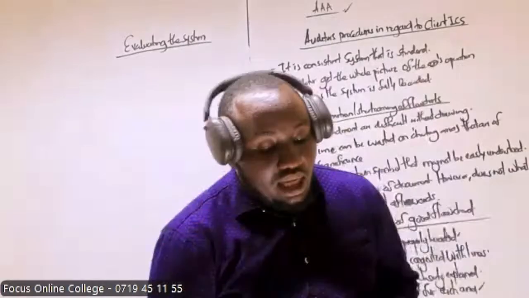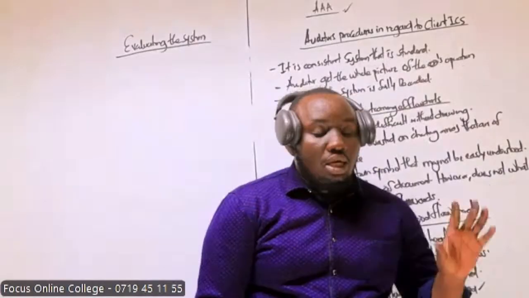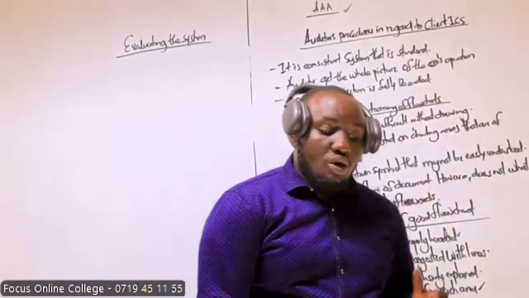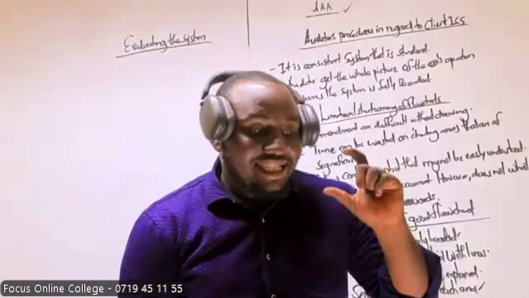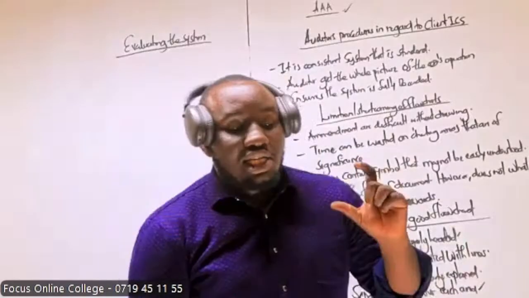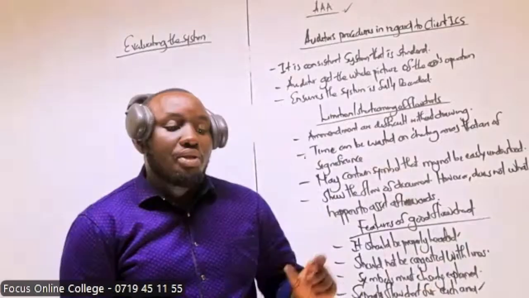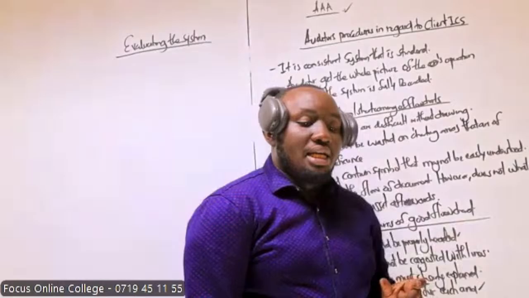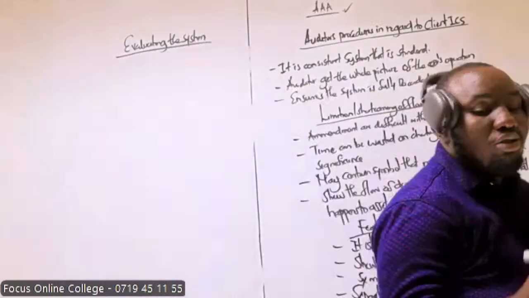Are we together? Evaluating the system basically means that the auditor tests or assesses the system to determine whether it is effective. And why do you test it? To understand the extent to which you can rely on the system.